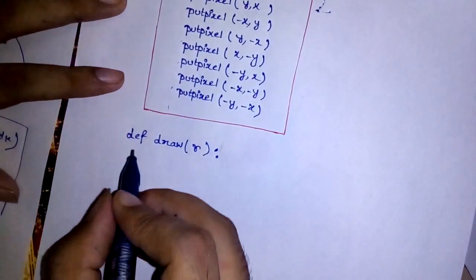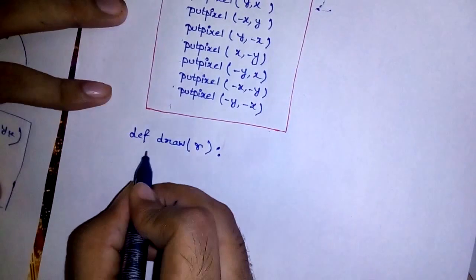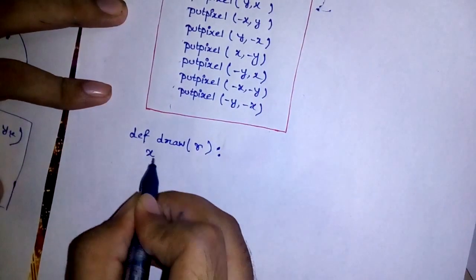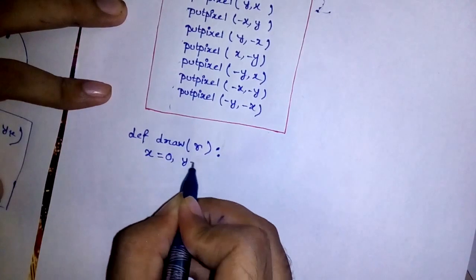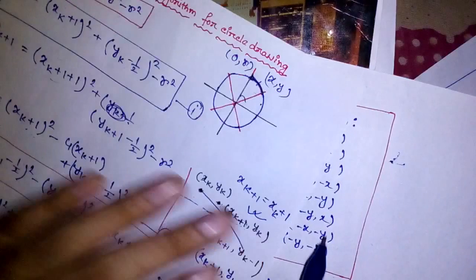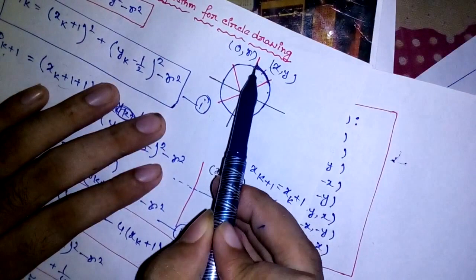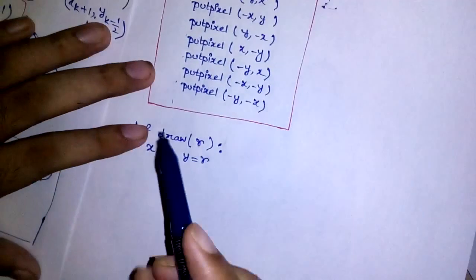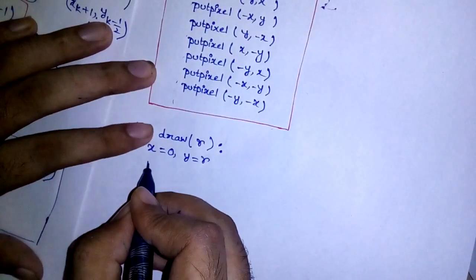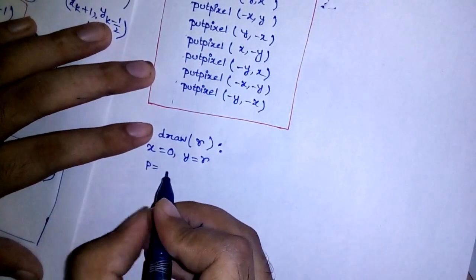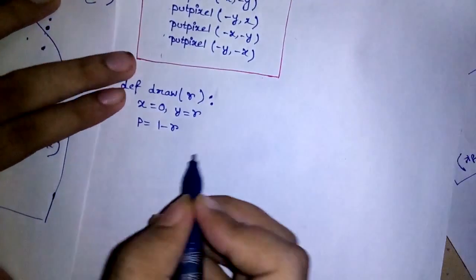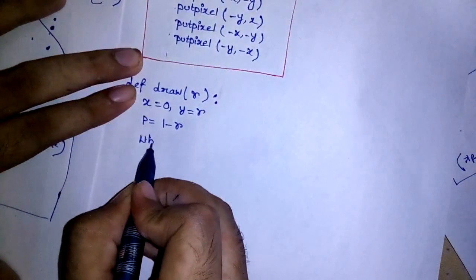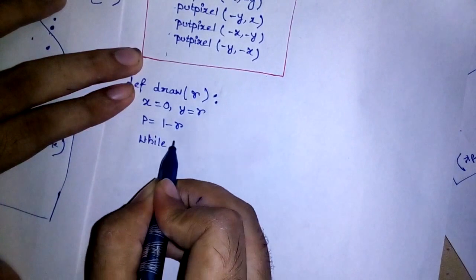First I need to make x as 0 and y as r, because we start drawing our circle from 0 comma r at this point. Now the initial decision parameter, let's say this is p, will be simply 1 minus r. Now in this loop I will keep placing all the points.